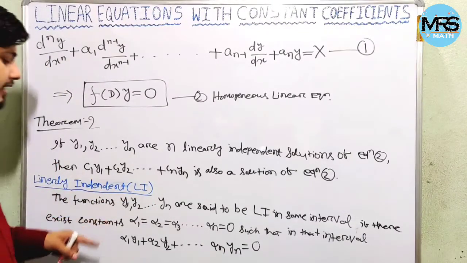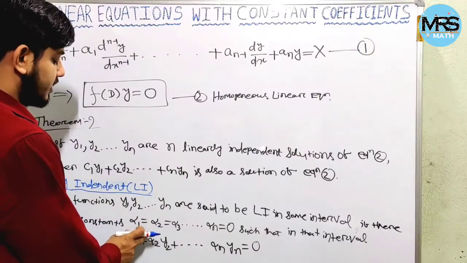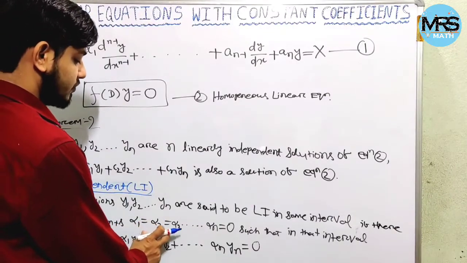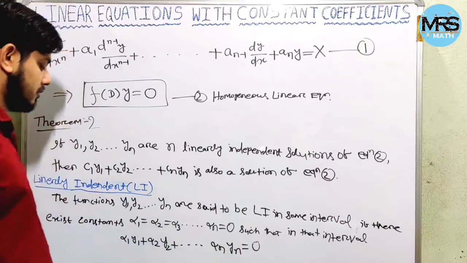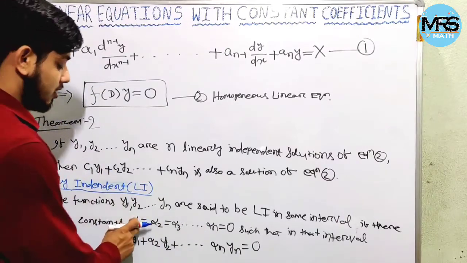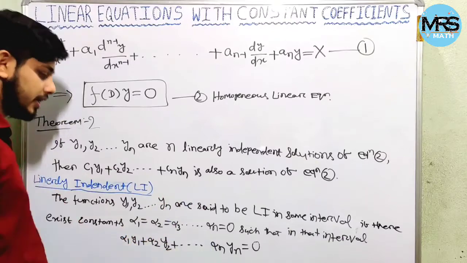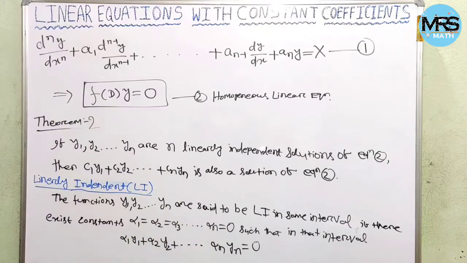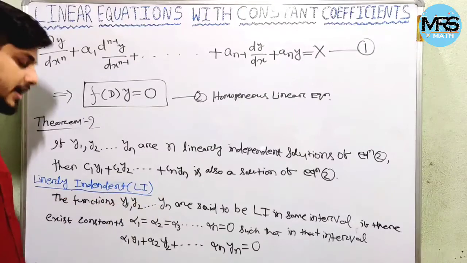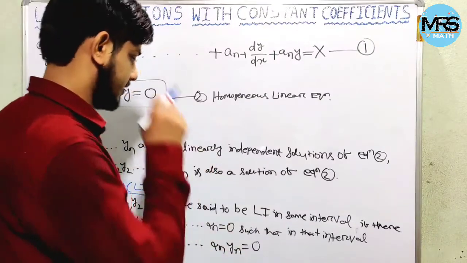In the linearly dependent condition, not all constants are 0, but in the linearly independent case all the constants are 0 and it satisfies this equation, then we will say that these solutions are linearly independent.